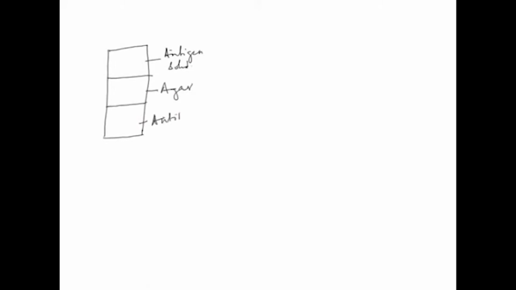Here the antibody in the agar is not immobilized. So, what will happen? The antibody will move towards this side, and the antigen will move towards the antibody, and the antibody will move towards the antigen.